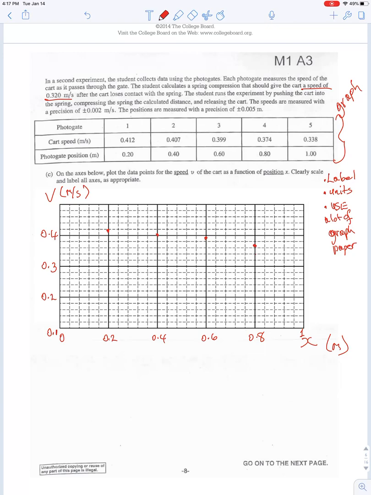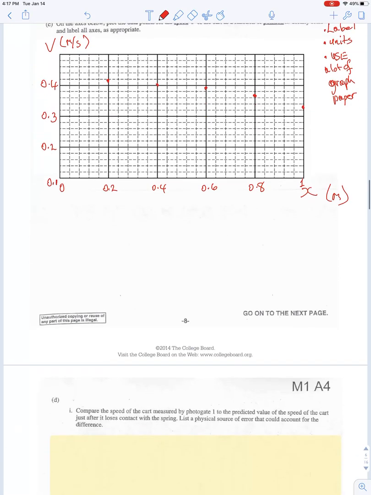And 1 is 0.3324 somewhere here. And you could see the trend. Oh, they don't want you to do anything. You just want to plot the points. So you can see a trend going on there. Good. Let's move on.